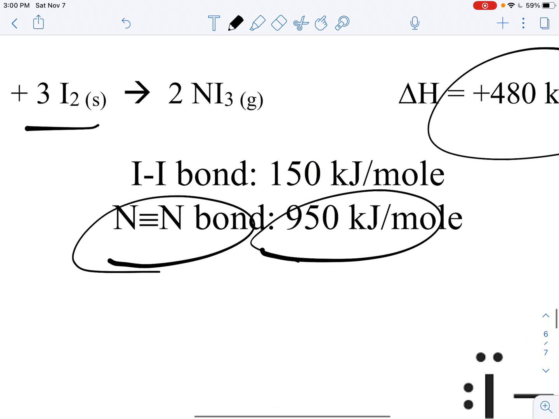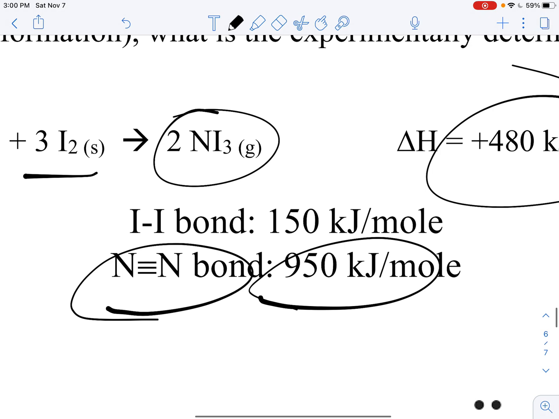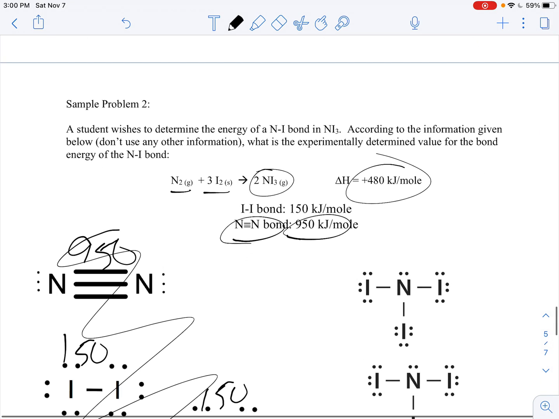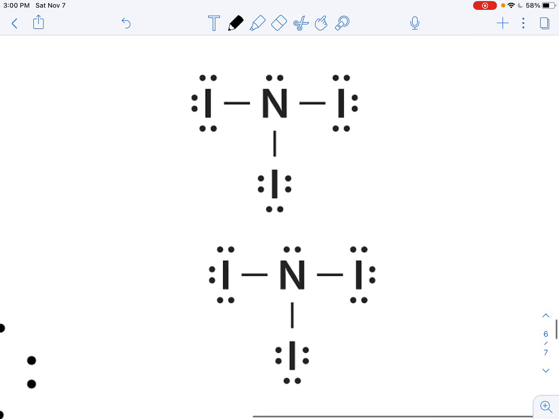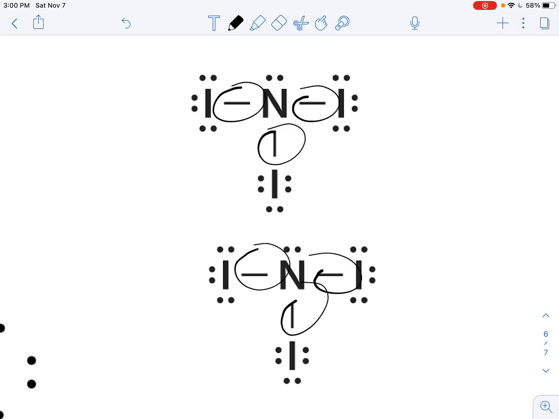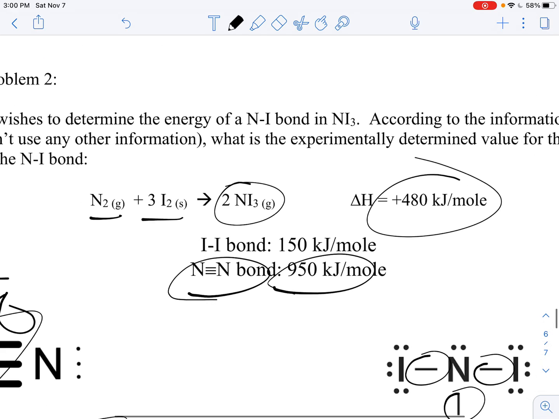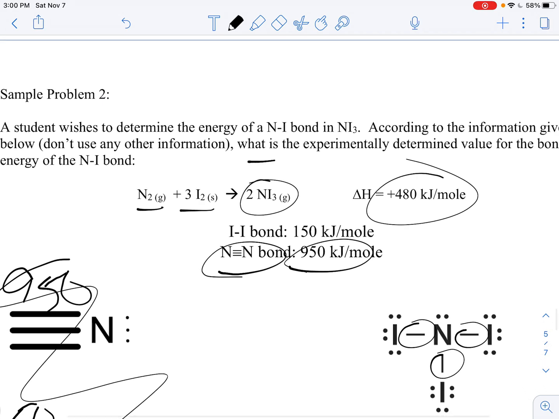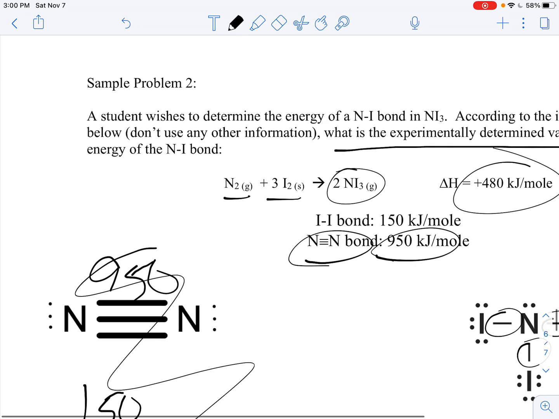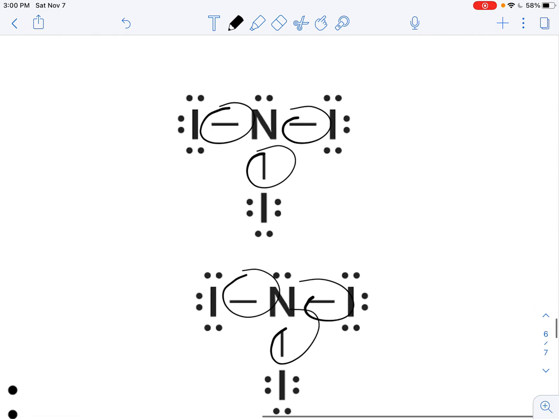Now over here for the products side, what are you doing? You are making 2 Ni3s. So if you are making 2 Ni3s, that means you have 1, 2, 3, 4, 5, 6 of these bonds, but they didn't tell you what it was, and that's the point of the problem. It says, what is the experimentally determined value for the bond energy of the Ni bond.